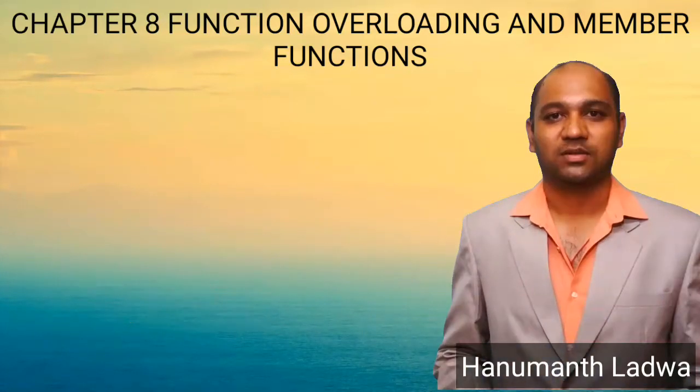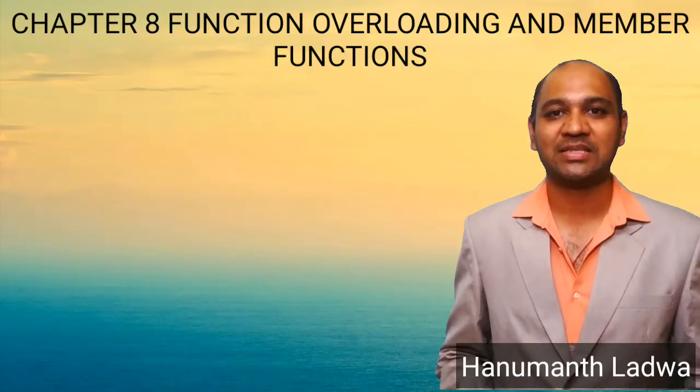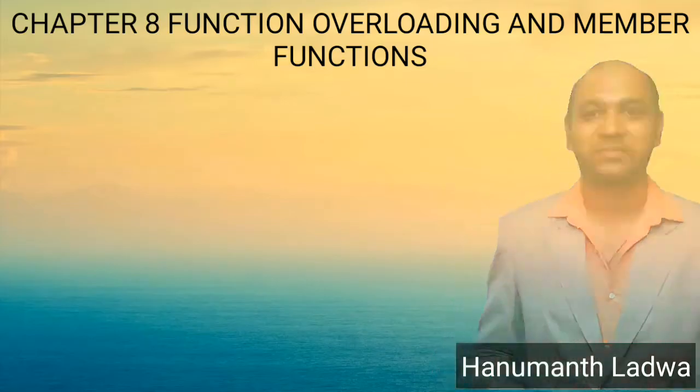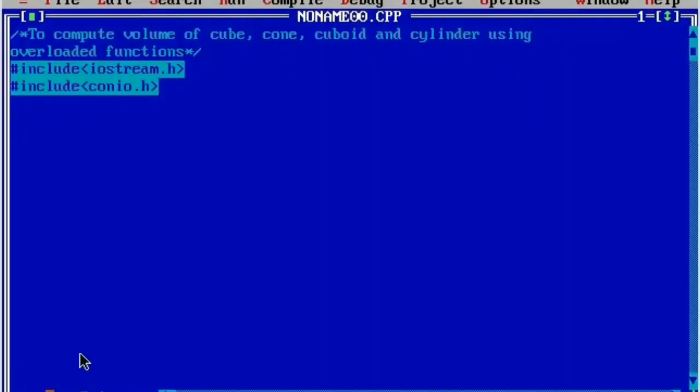Now let us take a programming example to show how to call an overloaded function. Here you can see I have already written in a multi-line comment: to compute the volume of cube, cone, cuboid and cylinder using overloaded functions. #include iostream.h, #include conio.h.